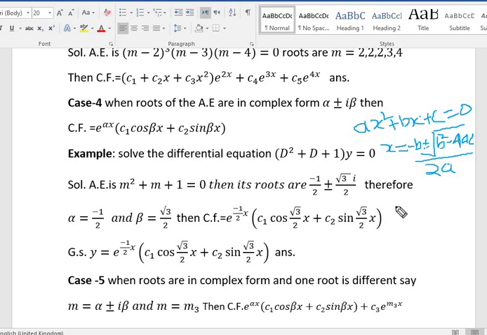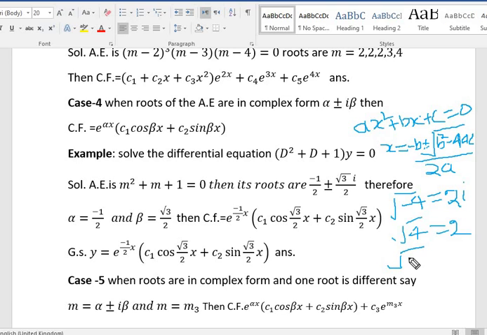Why? Because we know that the square root of minus 4 is not a real number, it is 2i. The answer of that one is 2i. Like square root of 4 equal to 2 only, real part, but square root of minus 4 is 2i.